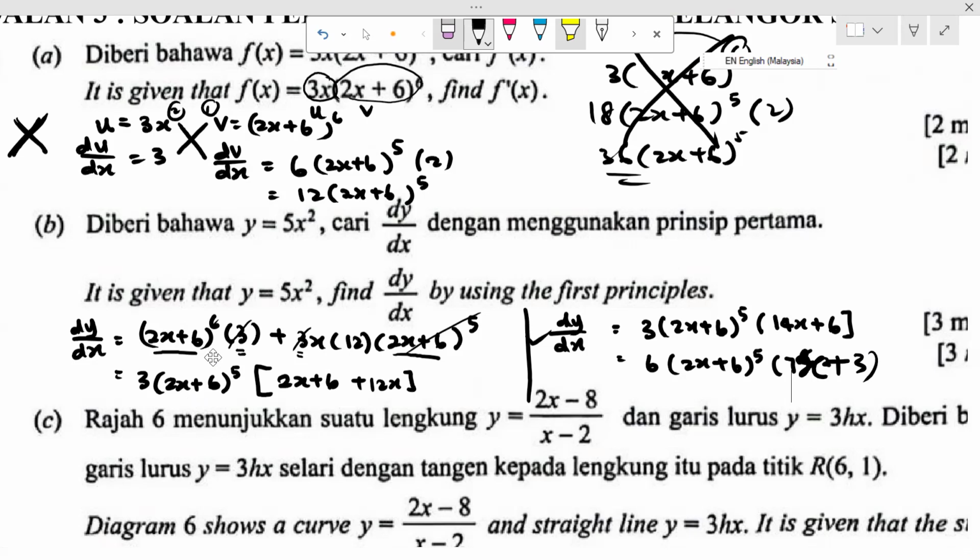No choice. Okay, this will be your final answer. If you can simplify further, simplify. If you leave your answer (2x plus 6) to the power of 5 and then 42x plus 18, I think okay also. It's alright. Okay, let me shut this down first.